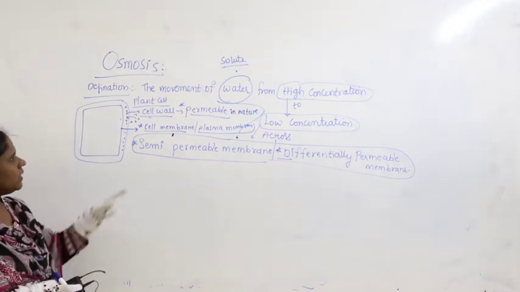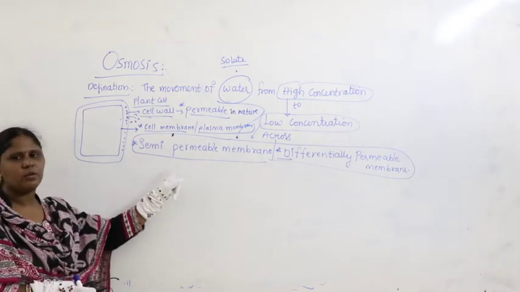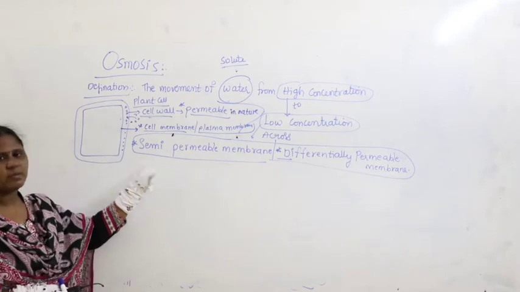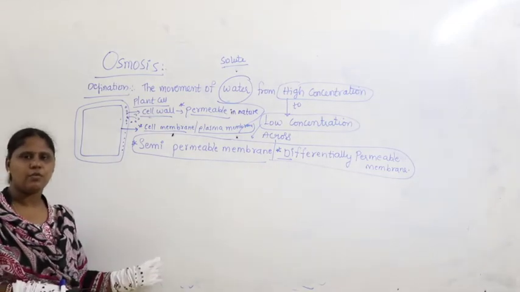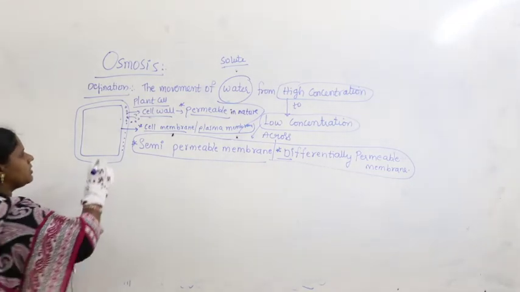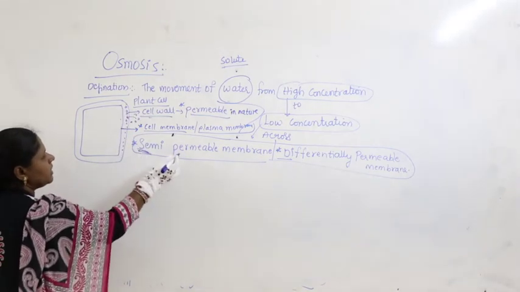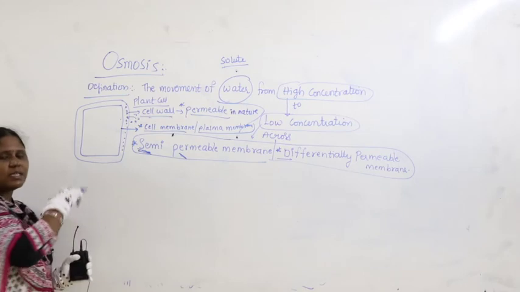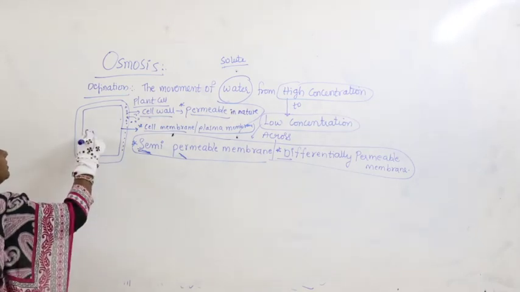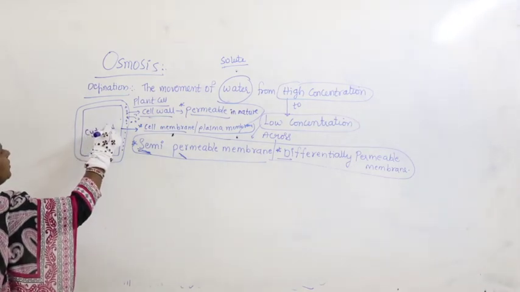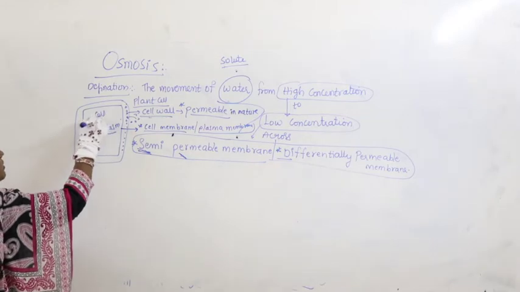No. So we say the cell membrane is semi-permeable in nature. Semi-permeable means it partially allows the flow of molecules, as per the need of the cytoplasm, as per the requirement within the cell, right?